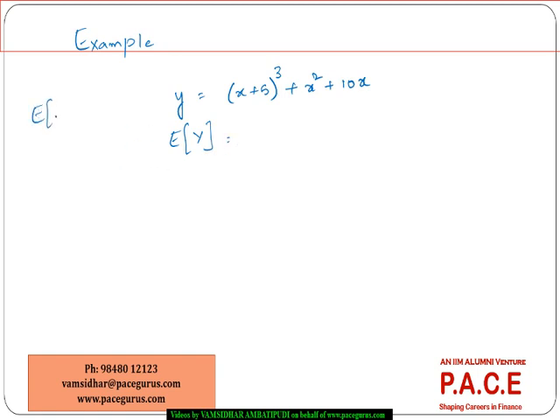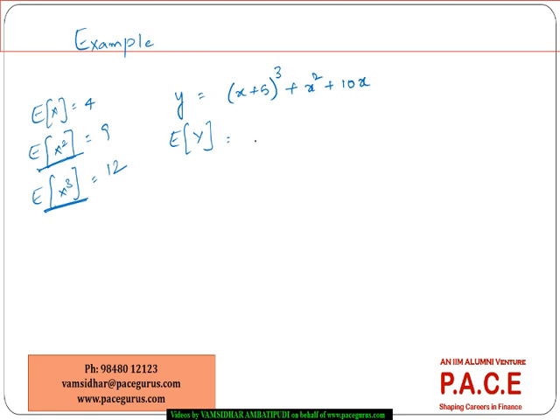Expected value of x is 4. Let's say expected value of x squared is 9, and expected value of x cube is 12. So here it is very clear that expected value of x squared is not the same as expected value of x whole squared, and expected value of x cube is not the same as expected value of x whole cube.